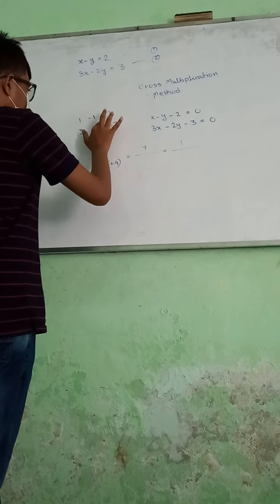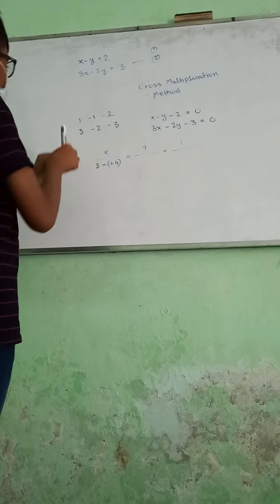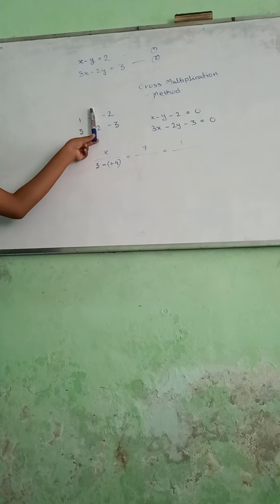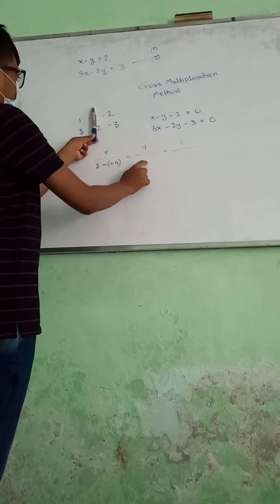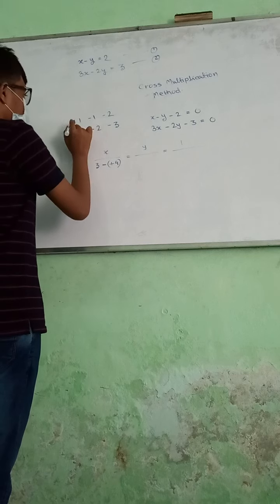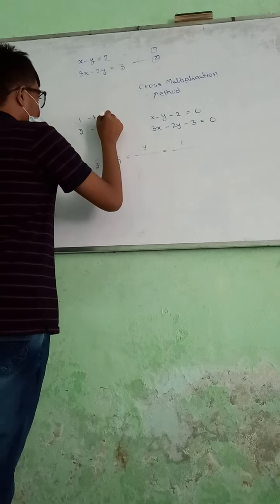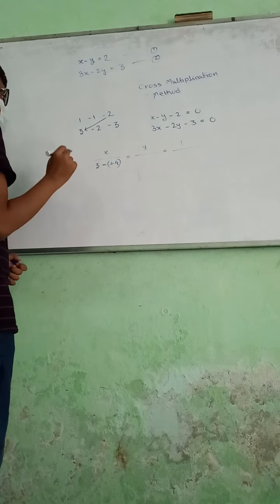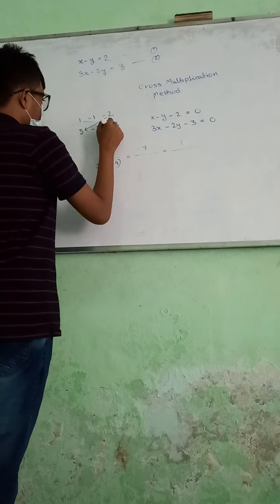Now for the y term, we cover the y coefficient term and multiply. But the interesting thing is, only for the y case we will not start from left to right. Instead we will start from right to left. So first we do right to left, and for the second case we do left to right.